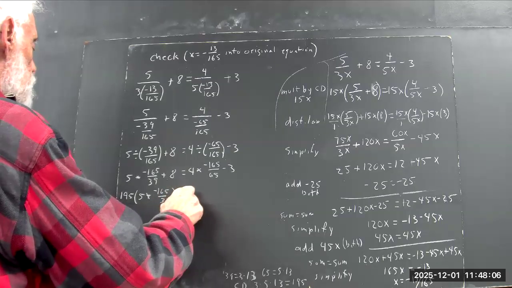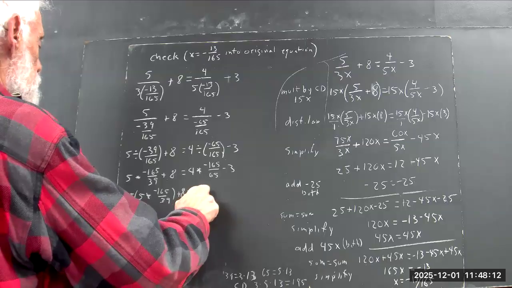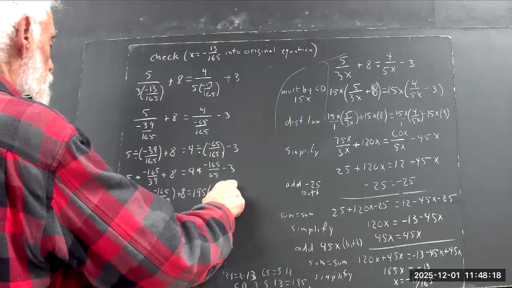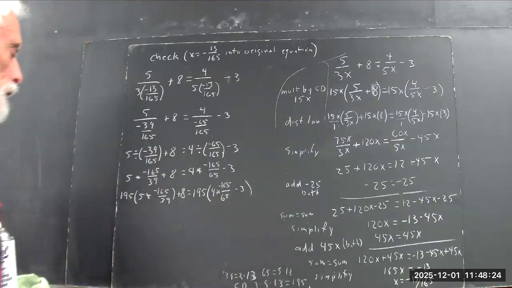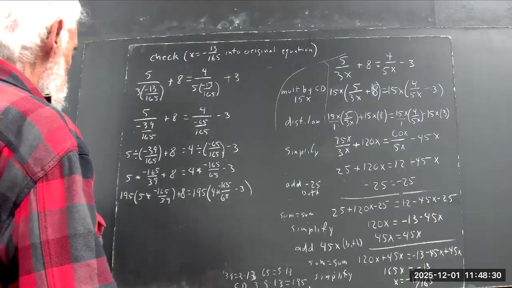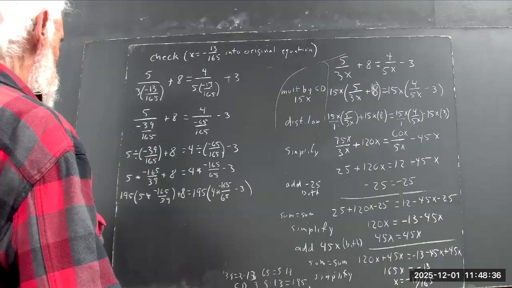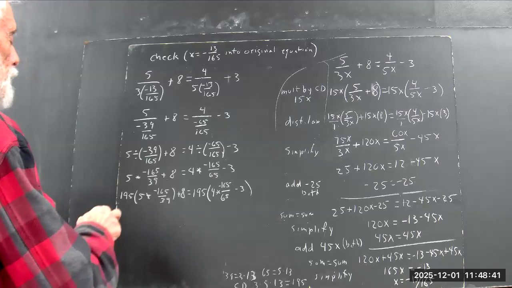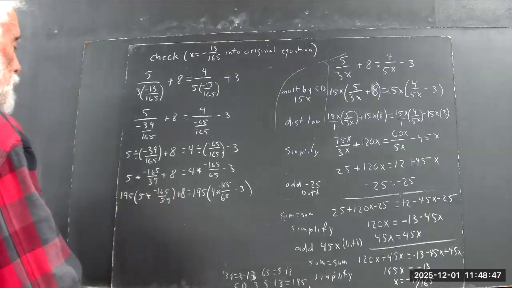Now the numbers are getting a little bit ridiculous here, but I want you to understand if you keep your wits about you and follow the steps, you can do this. Now, I could multiply the 195 by the 5 and then multiply that by negative 165.